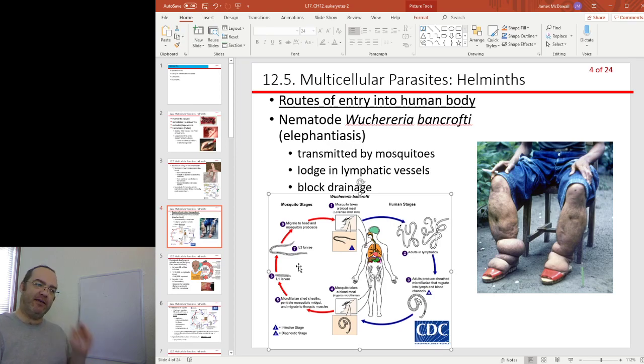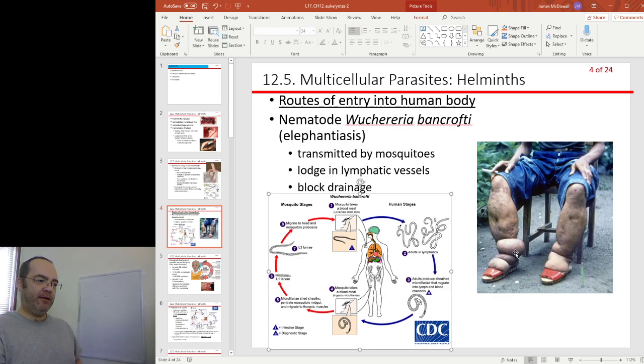There are two kinds of vectors in terms of, say, flies. There are mechanical vectors and biological vectors. Mosquitoes are almost always biological vectors. The parasite requires the mosquito not just to transfer from point A to point B, it requires the mosquito to perform some of its life cycle changes. Then the mosquito bites the human again, and the human gets infected.